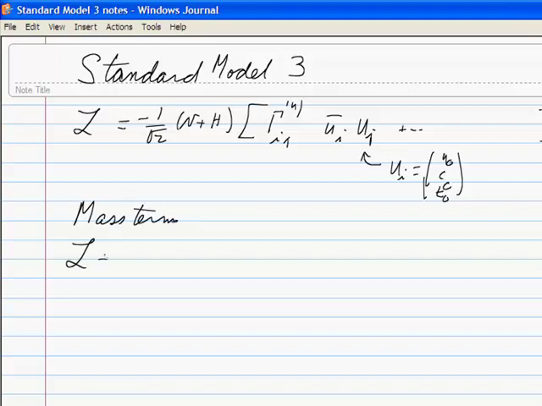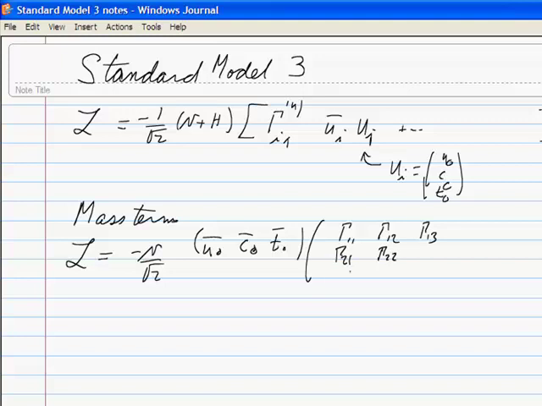So the Lagrangian has minus v over the square root of 2, times u bar 0, c bar 0, t bar 0, gamma 1,1, gamma 1,2, etc., of u0, c0, t0.